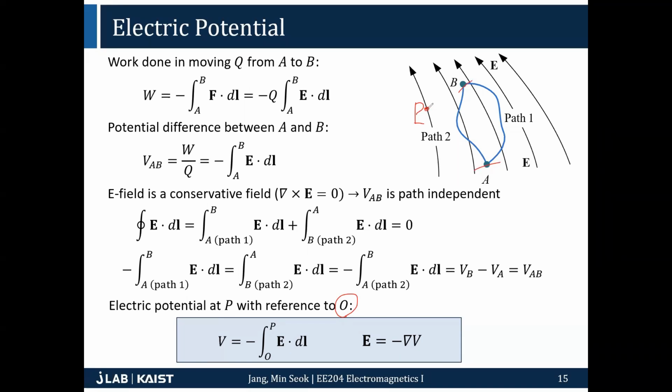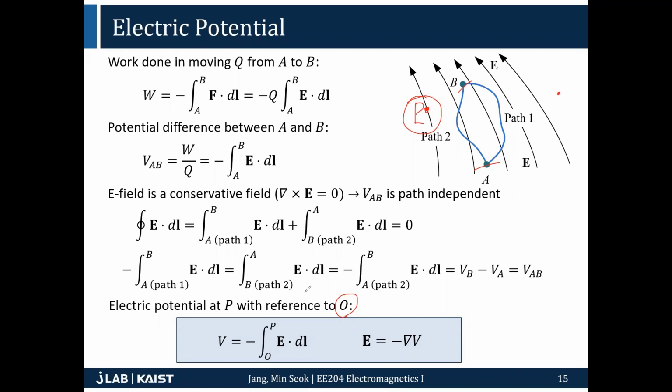But if somebody asks, what's the potential at this point? It's kind of a wrong statement, right? Because you don't specify any reference point. What you can tell is the potential difference, not the absolute potential.